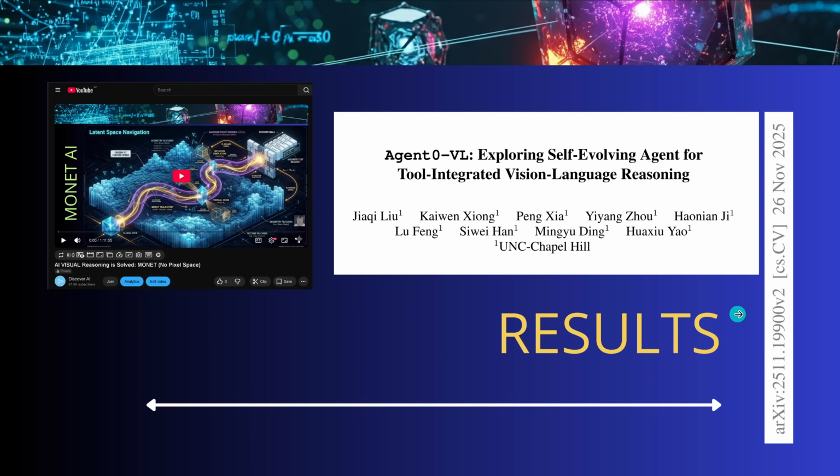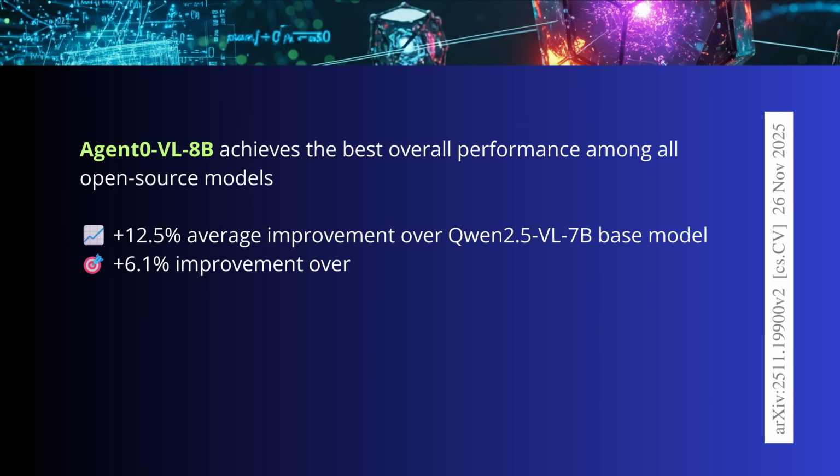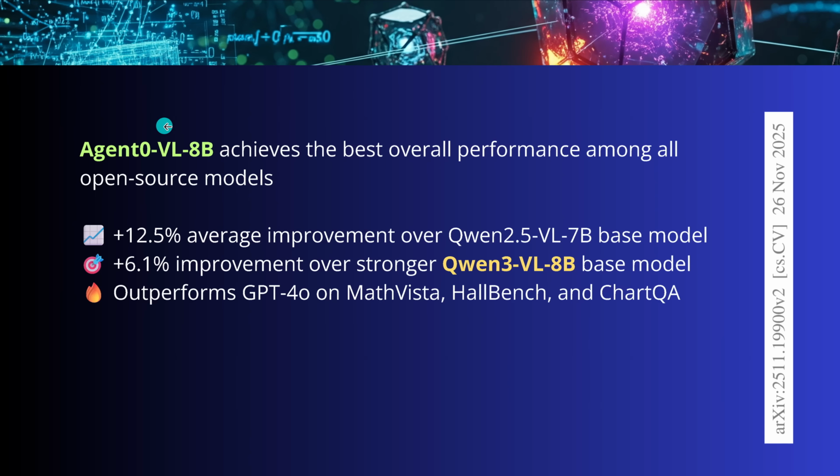And let's jump to the results, because if the results are not great, we don't waste the time looking at this model. And the authors tell us, you know what, our Agent0 vision language, and they built and supervised fine-tuned an 8 billion trainable parameter model, achieves the best overall performance among all open source models.